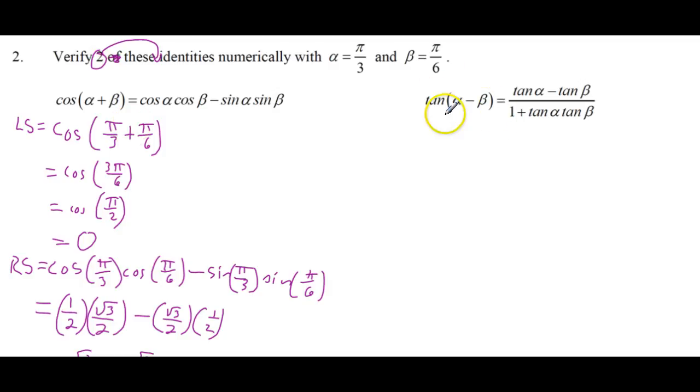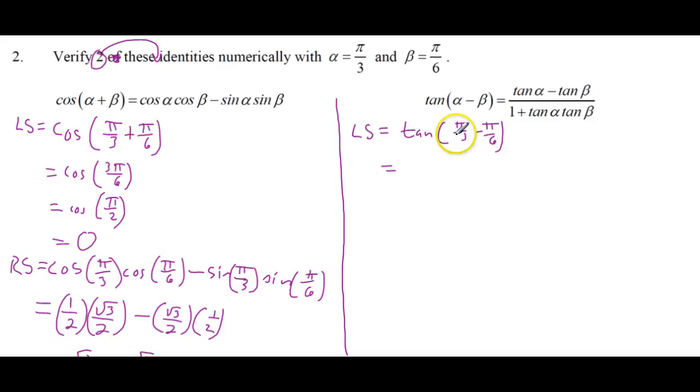Okay, let's try this guy. So the tan, this is the tan of a difference, right? It's a difference identity. So let's just run a little line down here. The left side is equal to the tan of pi over 3 minus pi over 6.